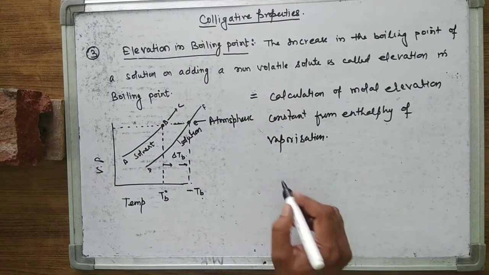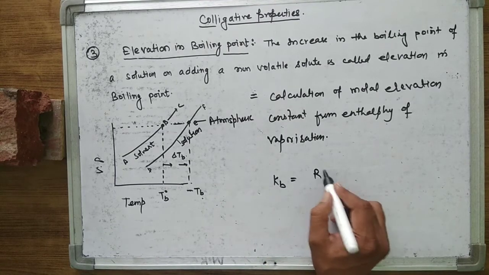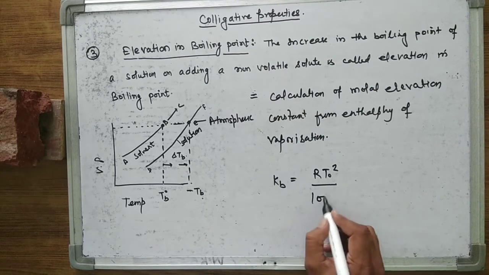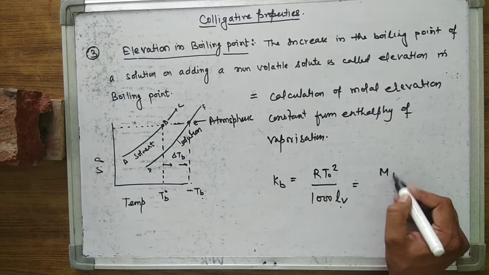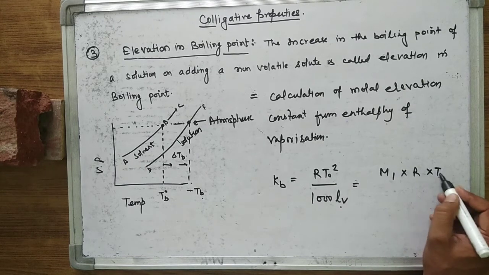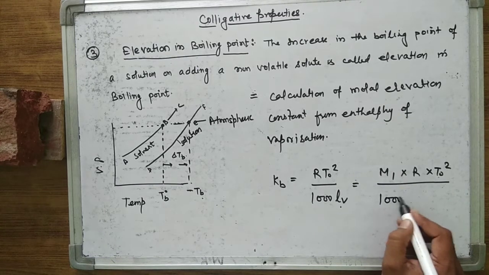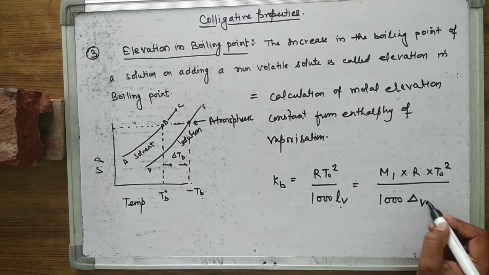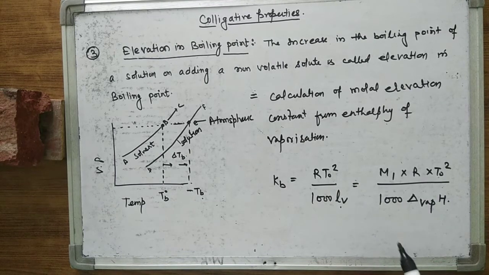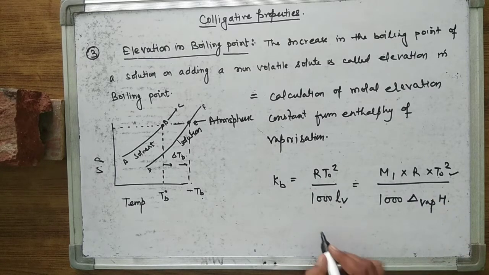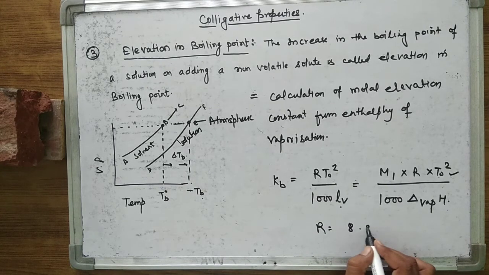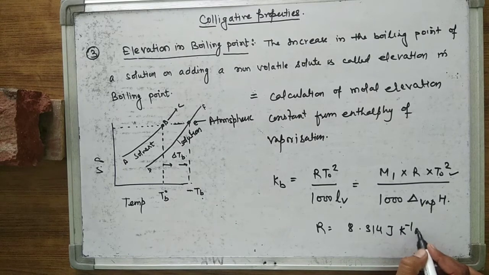Now see the expression: Kb is equal to R into T naught square into M1 divided by 1000 into delta H vaporization, where delta H vaporization is the enthalpy of vaporization, also written as latent heat of vaporization. T naught is the boiling point of the pure liquid, M1 is the molecular mass of the solvent, and R is the gas constant, which has the value 8.314 joule per Kelvin per mole.